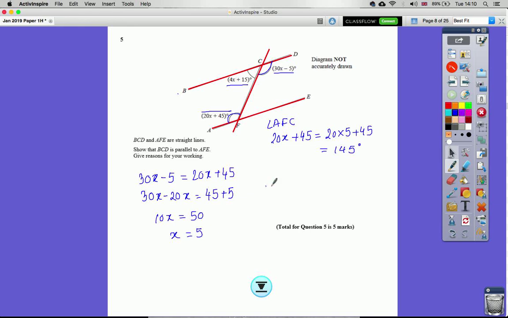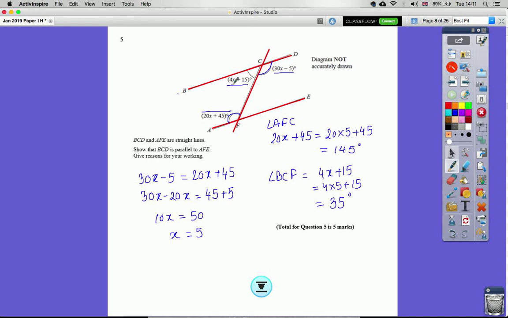Angle BCF is equal to 4x plus 15, which is 4 times 5 plus 15, is equal to 35 degrees.